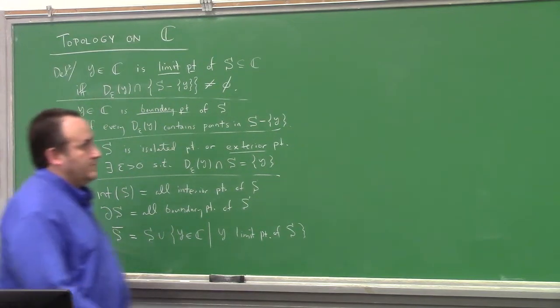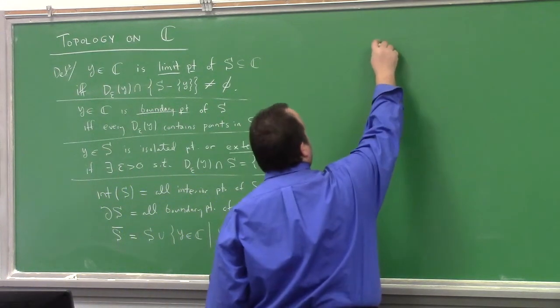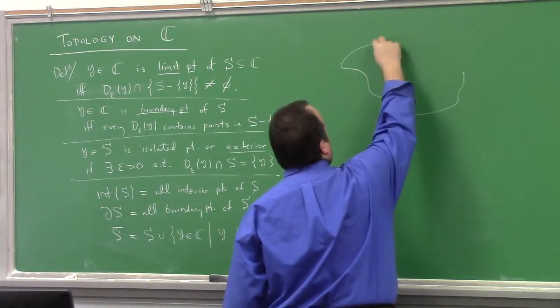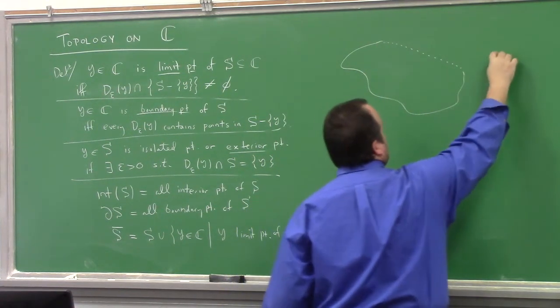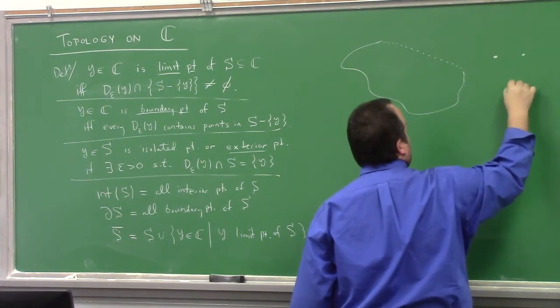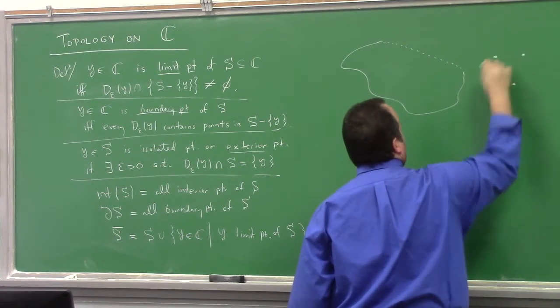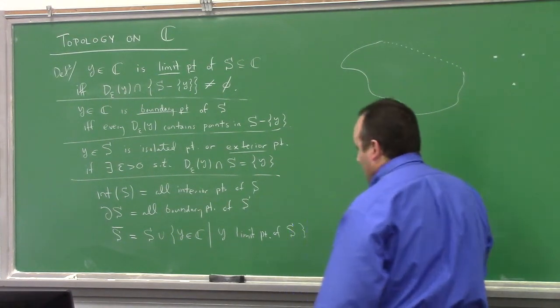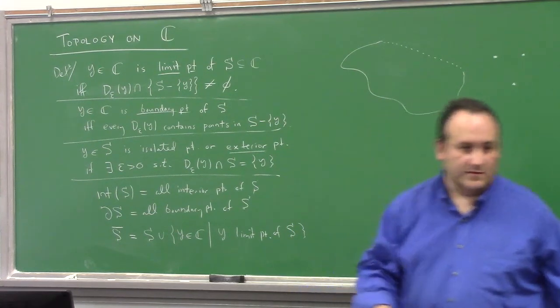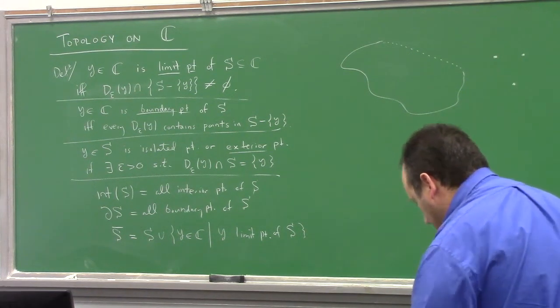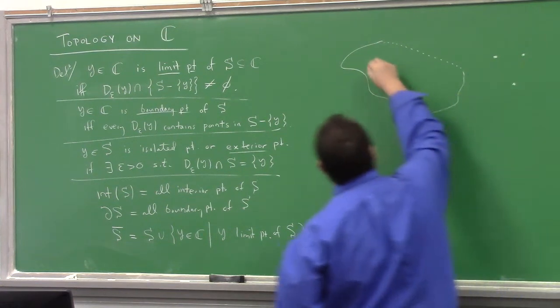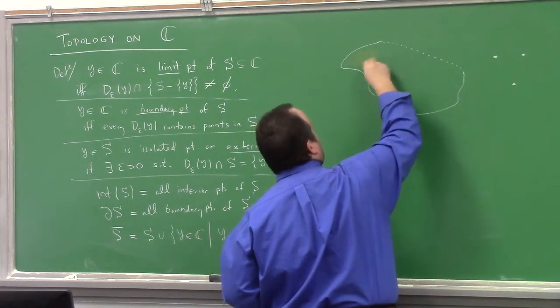So here's a picture of S. Suppose S is this, as well as this. So the limit points, and I'll try to shade it here. My S, which I have attempted to draw on the board, includes all of this.